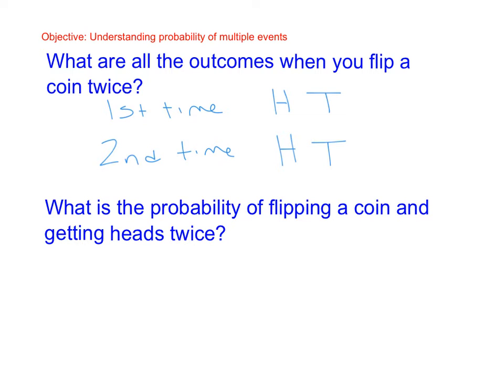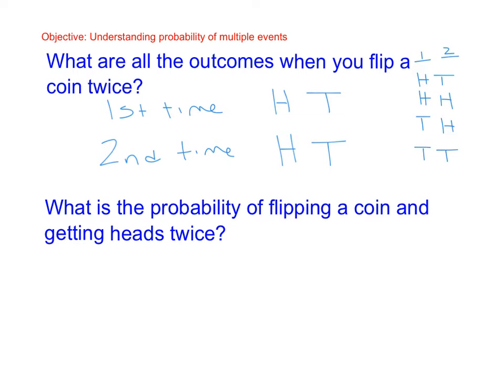We could do head, tail. We could do heads, heads. If this is the first and this is the second flip, we can do tail, heads, and we can get tails, tails. So there's actually 4 different possible outcomes.